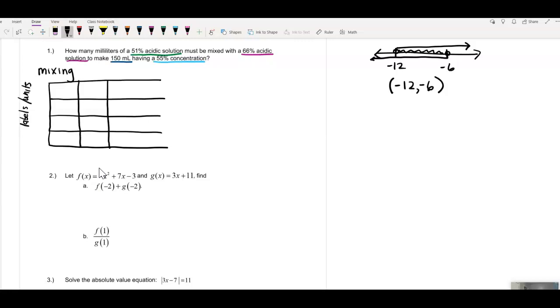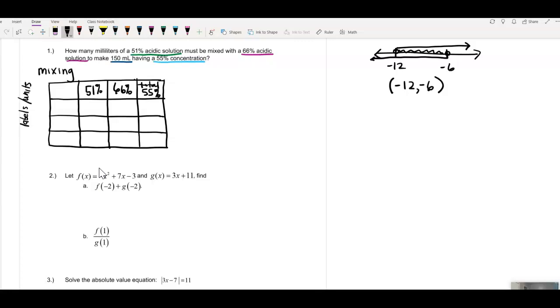So the things that we're going to be mixing together on this are which percents? Which two are we mixing together? The 51 and the 66. Okay, so I've got the 51% solution mixed with the 66% solution, and we want to end up with a total, which I'm putting there so we know that's what we're trying to end up with, a 55% solution.